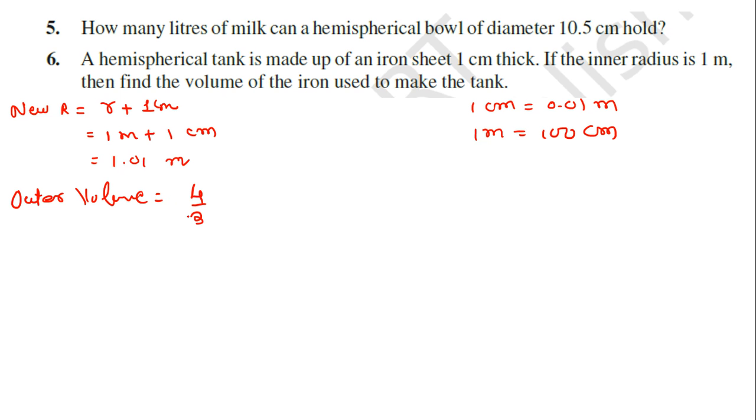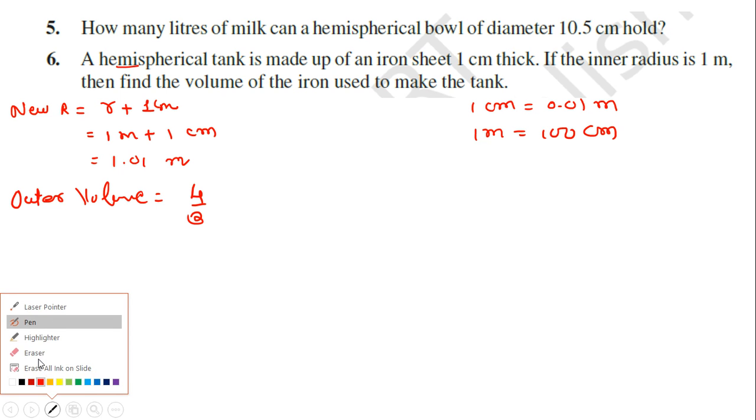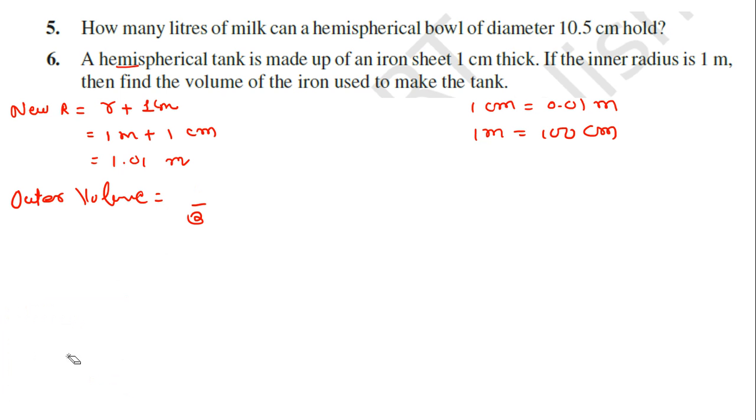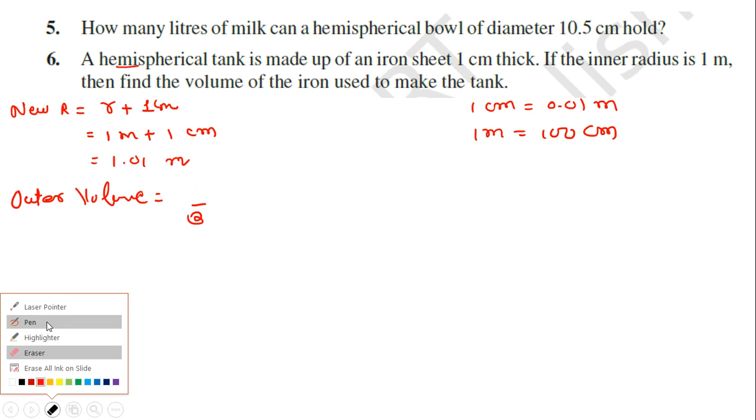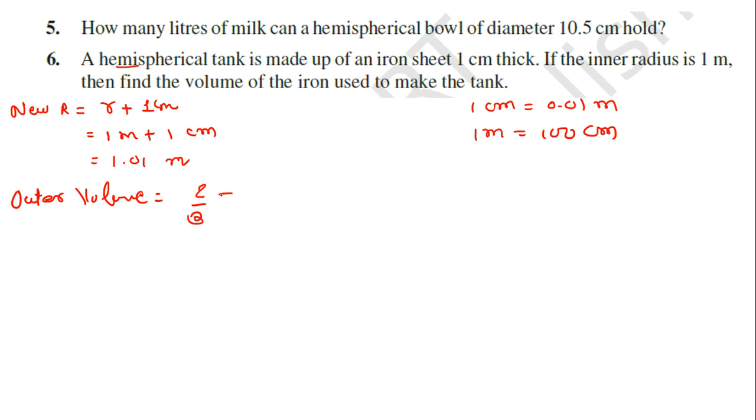4 by 3, not sorry, 2 by 3 will come because this is a hemisphere. 2 by 3 pi r cube. And inner volume again 2 by 3 pi r cube, but for outer let me call capital R and inner small r.